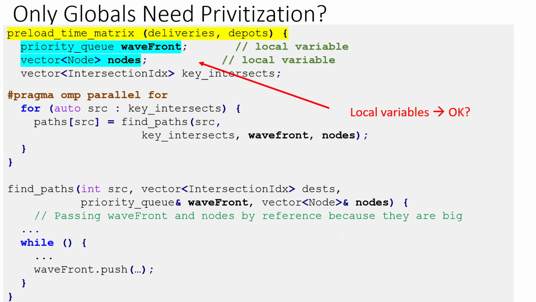If we write this code with the priority queue and the nodes as local variables inside a function, and we're passing them by reference into the find paths, is it okay?